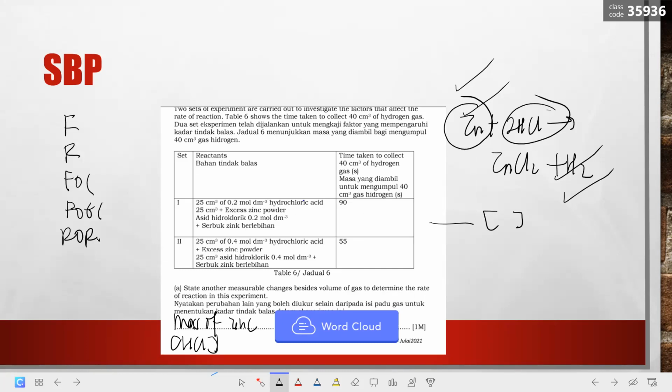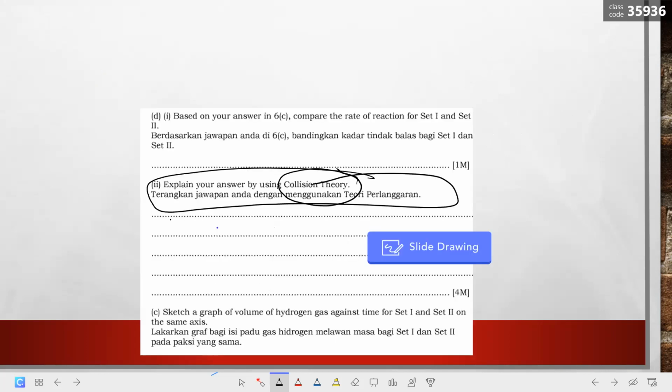Teacher has called Durga already, so teacher will call Bhavi now. What must you start with? Concentration of hydrochloric acid. Am I using hydrochloric acid? Yes.